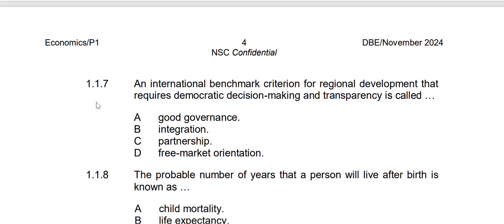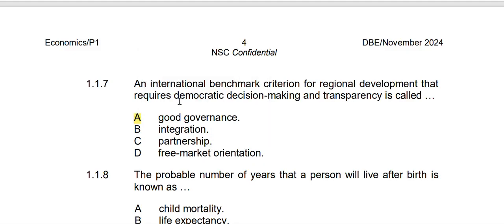Our next question is 1.1.7. An international benchmark criterion for regional development that requires democratic decision making and transparency is called A, good governance, B, integration, C, partnership, D, free market orientation. And then the correct answer is A, which is good governance.